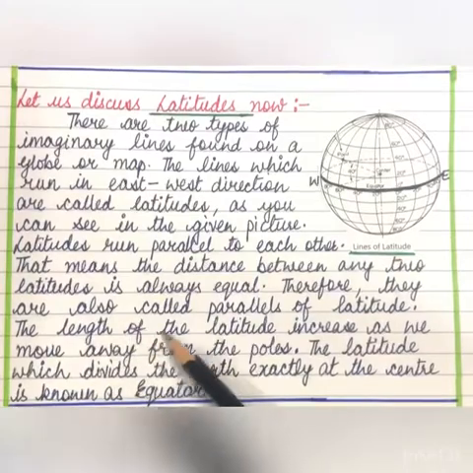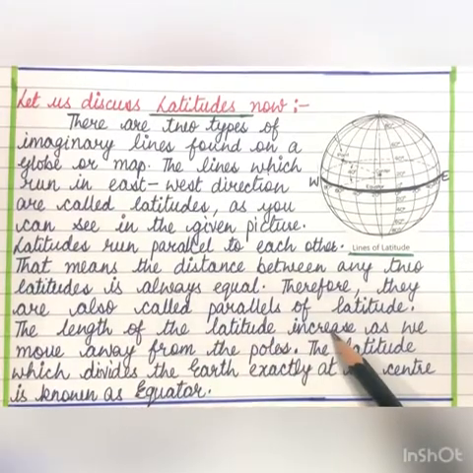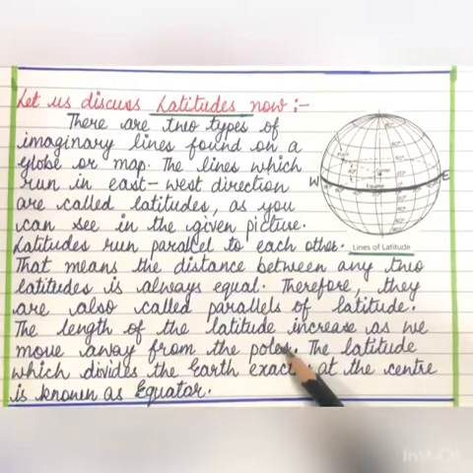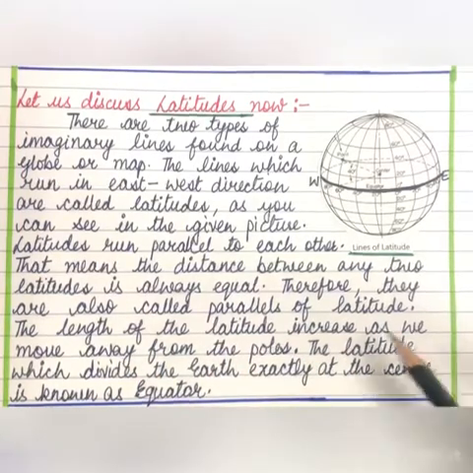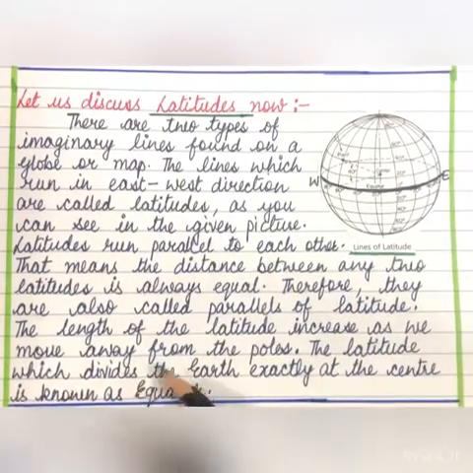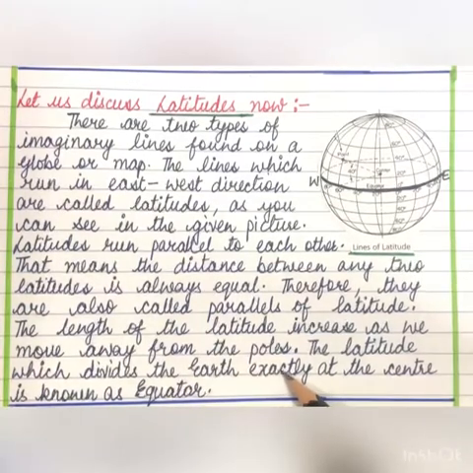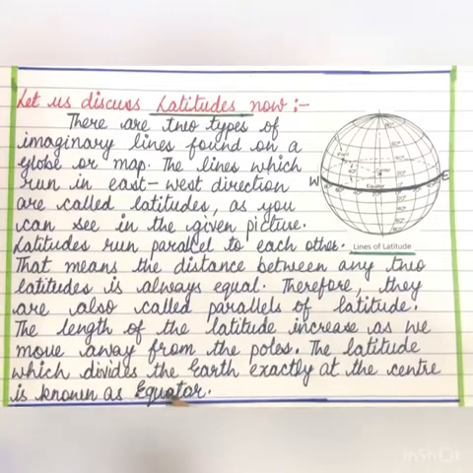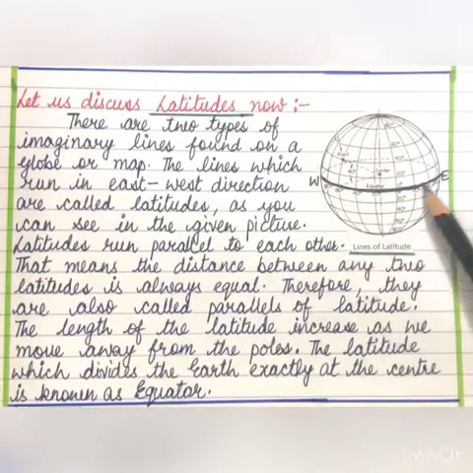The length of the latitude increases as we move away from the poles. The latitude which divides the earth exactly at the center is known as equator. This is called the equator.